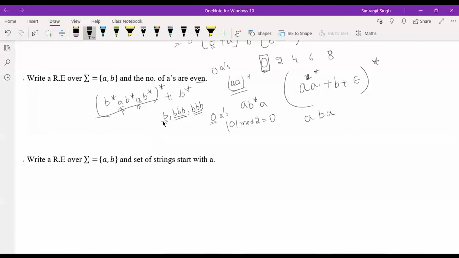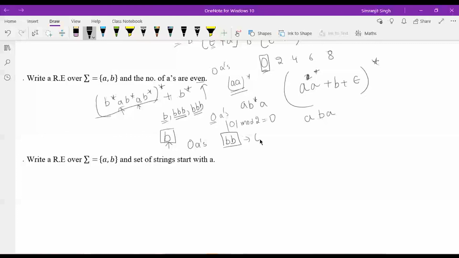Yes. Okay, sir. So if I just write B, you clearly see it contains zero number of A's. So I can say that this string has an even number of A's, because zero is also even. In the same way, if I say BB, it doesn't contain any A's, meaning it contains zero A's and two B's.